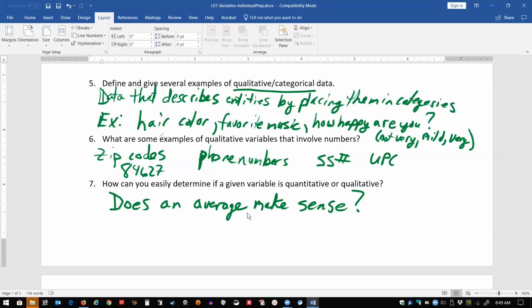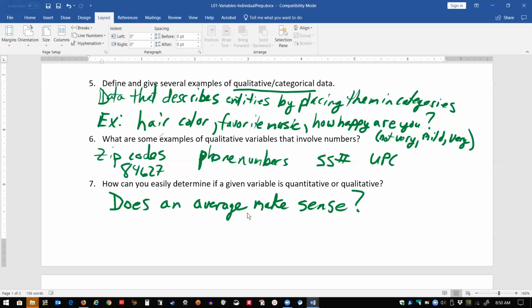In exams and assessments throughout this class, different variables are going to come up. It's very important that you know how to classify them as quantitative or qualitative, because the type of data you're using will influence the type of test and analysis you run in your study.